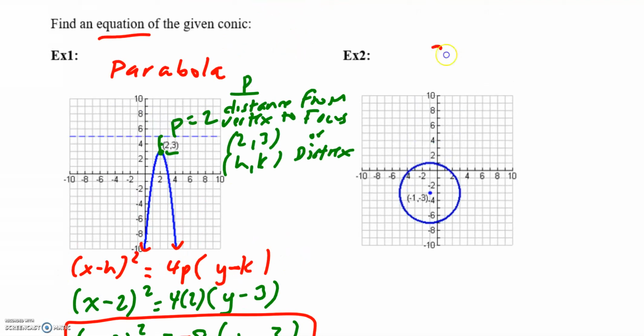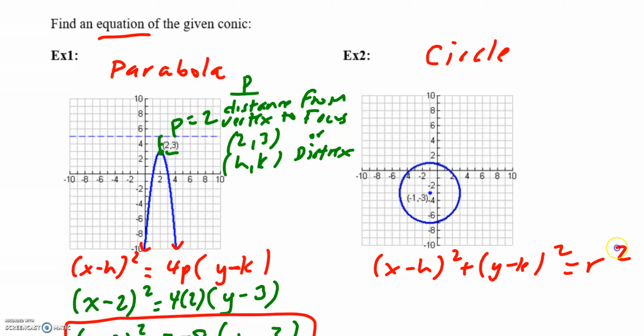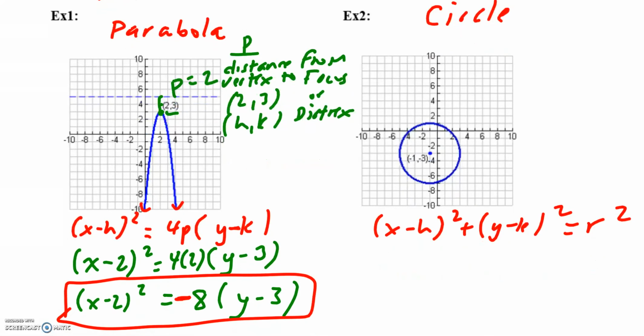Example 2, circle. The equation of any circle is x minus h squared plus y minus k squared equals the radius squared. So what I need to find this equation is I need to find the center and I need to find the radius. So this one actually is not too bad either. I know that the center is -1, -3, so I already know my h and k values from that. My radius, I can just count in any direction that I like.